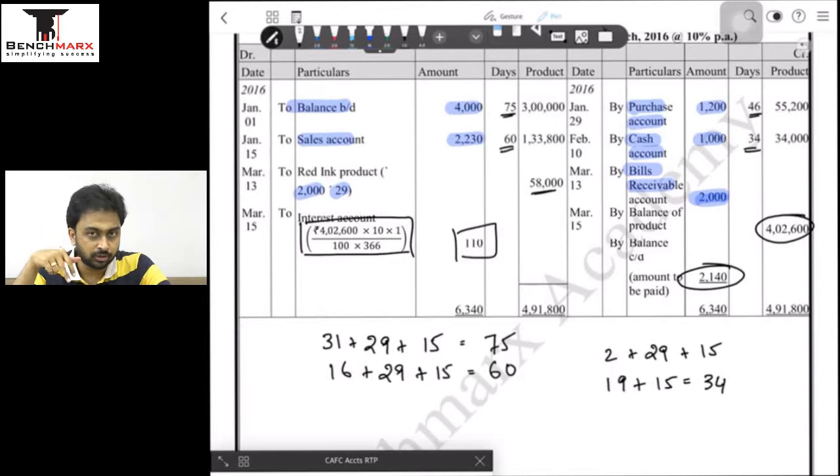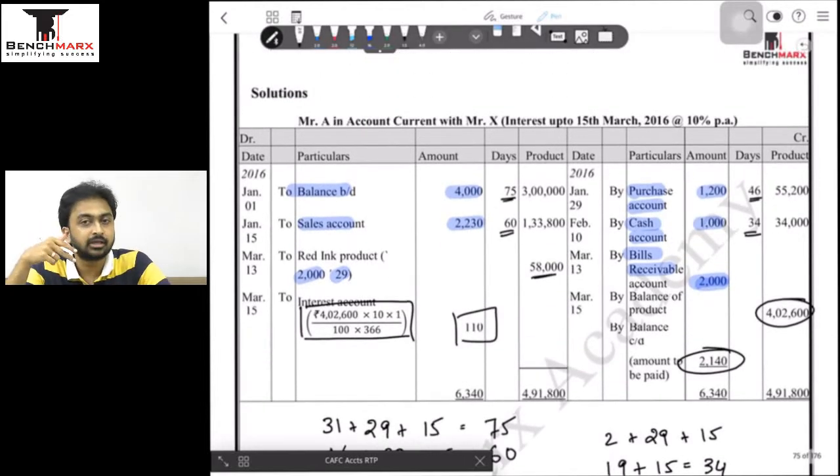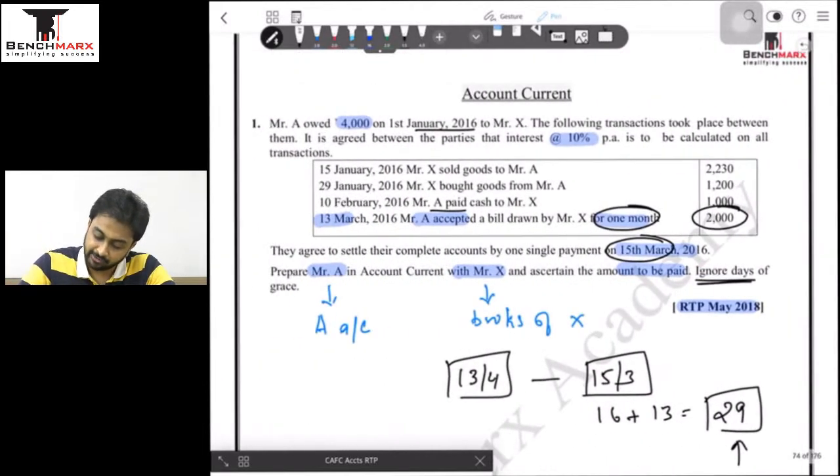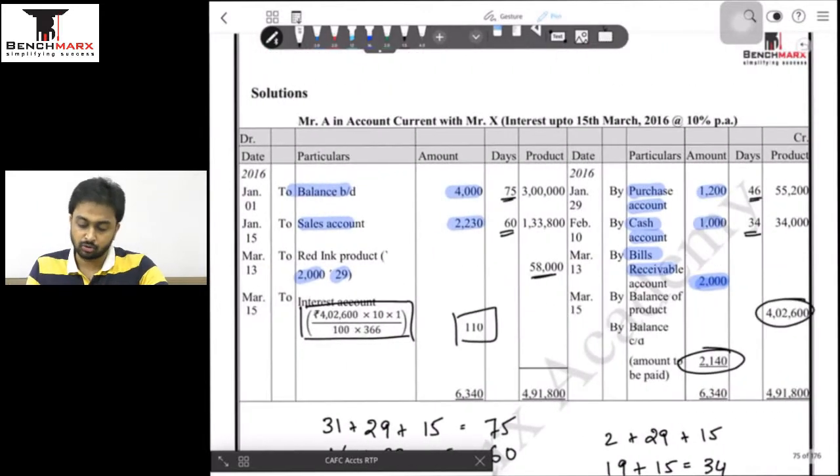This is the amount that Mr. A has to pay Mr. X at the end of 15th of March because the question specified कि they have to settle the account on 15th of March. So the 15th March का balance amount of 2140 includes an interest of 110 as well.